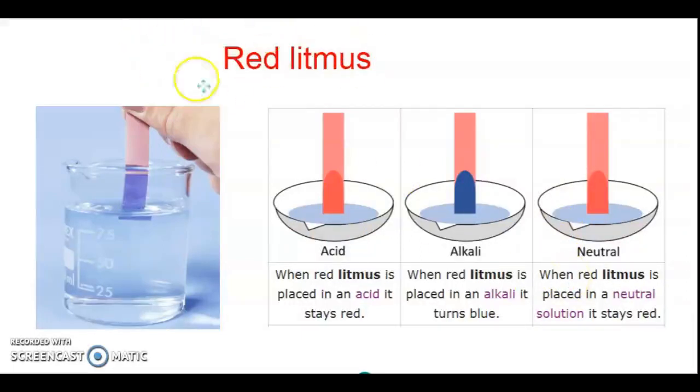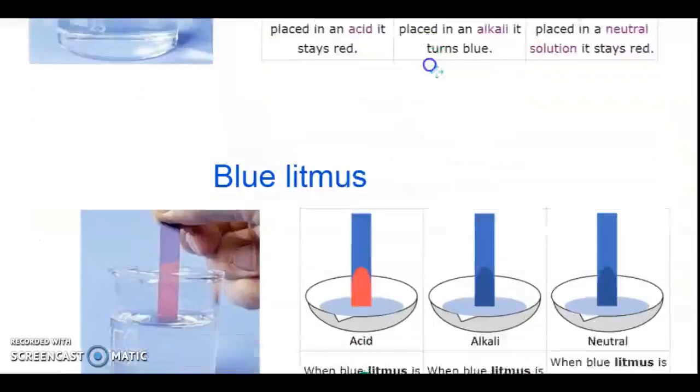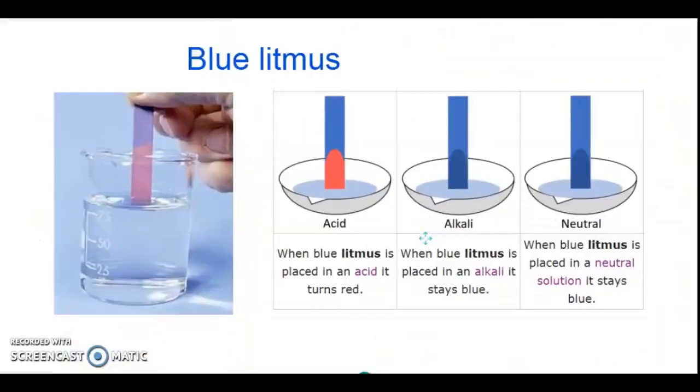So this is how red litmus paper is used to detect whether a given substance is acidic or basic. Now, how is a blue litmus paper used? If a blue litmus paper is dipped in a basic solution, there will be no change.